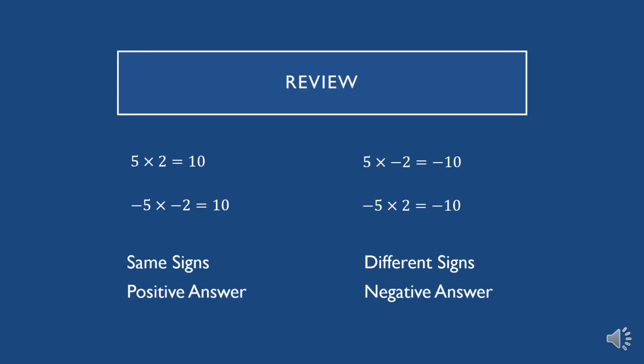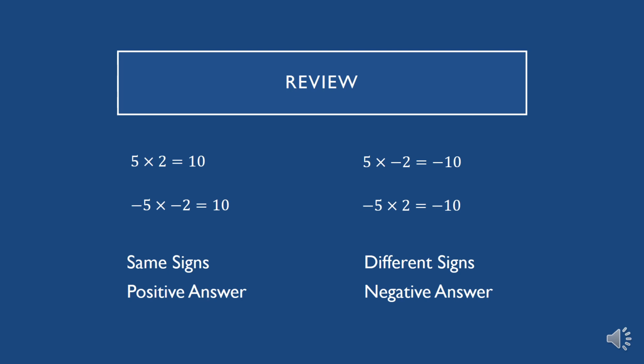So let's just review there. For multiplication, 5 times 2 is 10. Yes, we know that. We saw on the very first slide that 5 by minus 2 is minus 10, and minus 5 by 2 is also minus 10. But most recently we saw that two negatives, minus 5 by minus 2, gives a positive, equals plus 10.